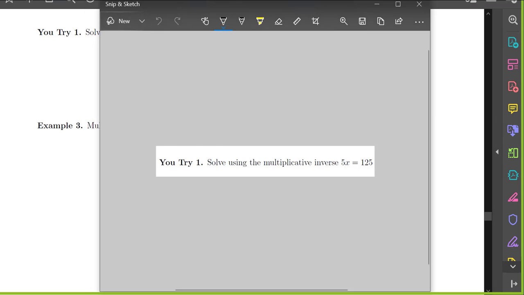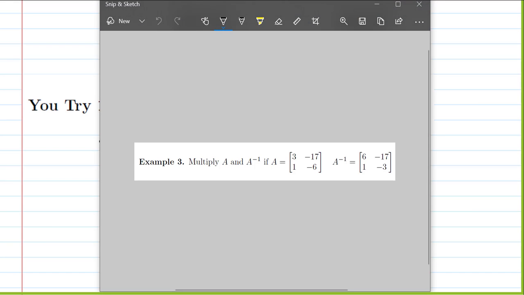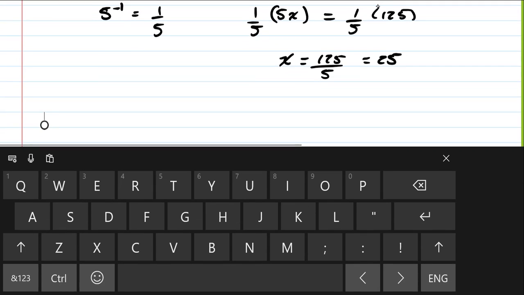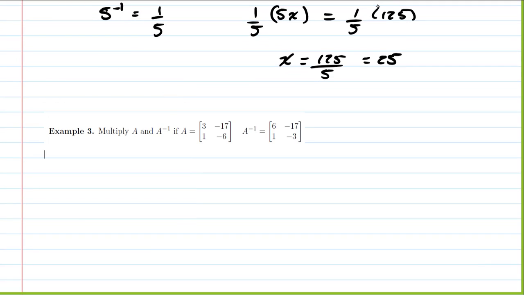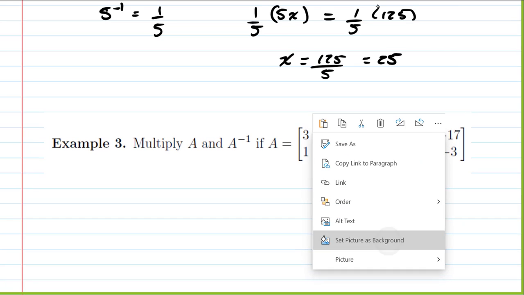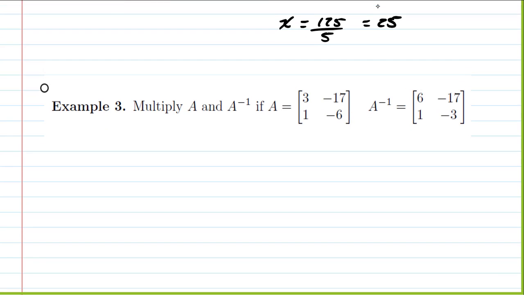All right, in our next example, we want to multiply the two given matrices together. So we have A times A inverse, if A is the matrix 3, -17, 1, and -6.